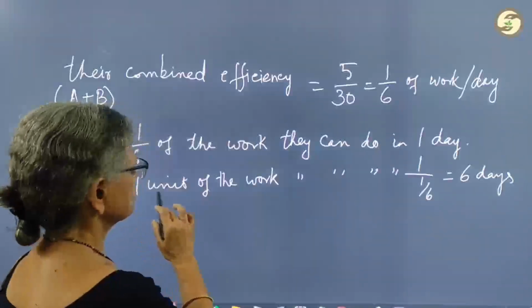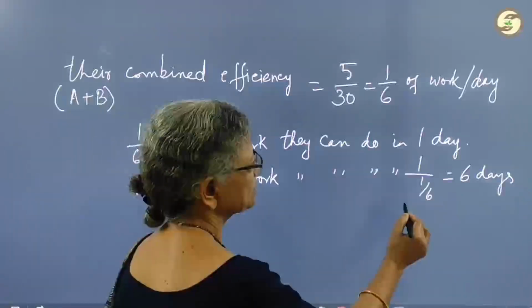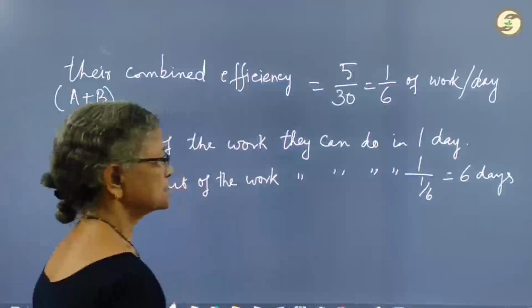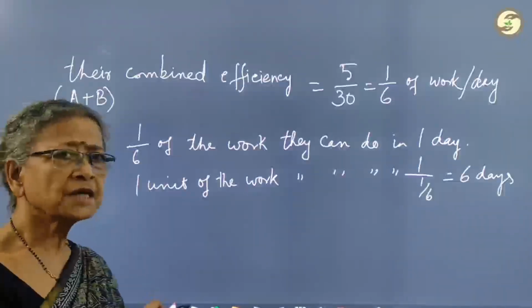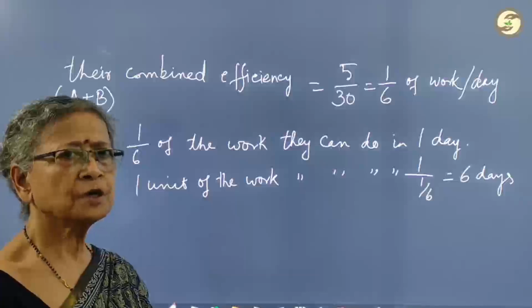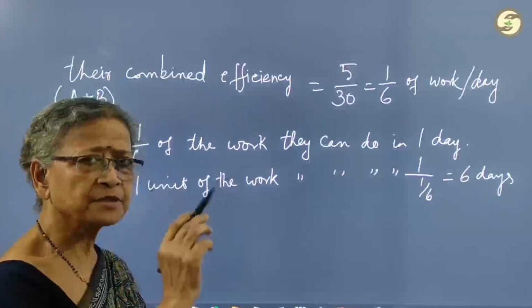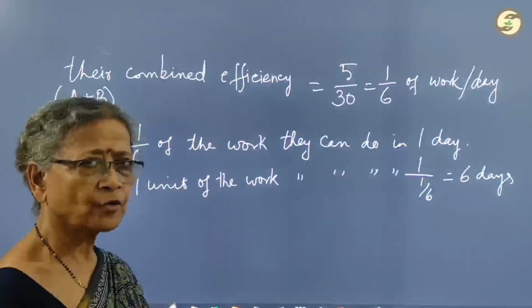So to complete 1 unit of work, they will need more days. So 1 divided by 1/6 is equal to 6 days. This is the answer. So that is how we have to approach the sums of time and work. It's not from the time itself, but by calculating the rate of work.